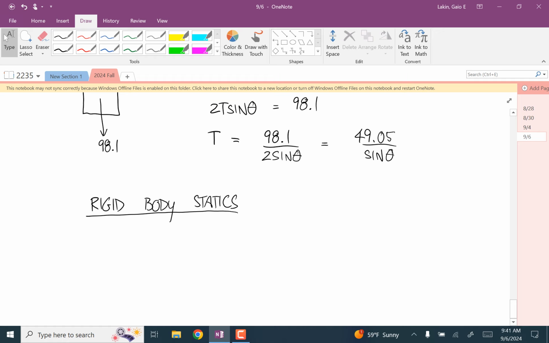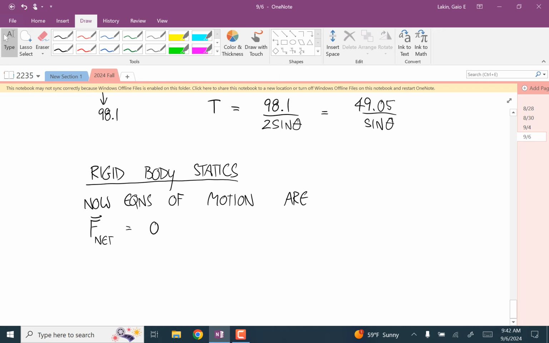So now the equations of motion are going to be F net is equal to 0, and that is 2 equations in 2D and 3 equations in 3D.